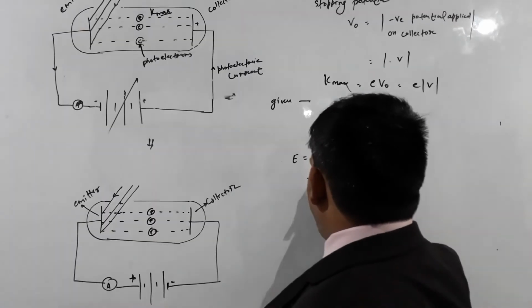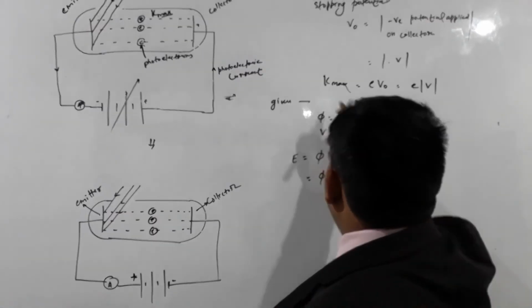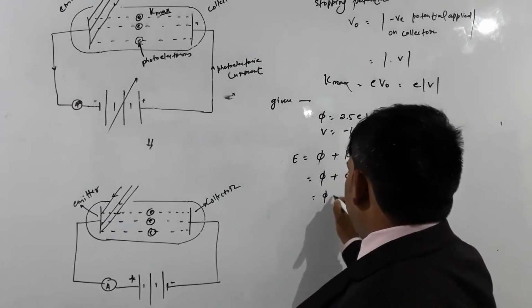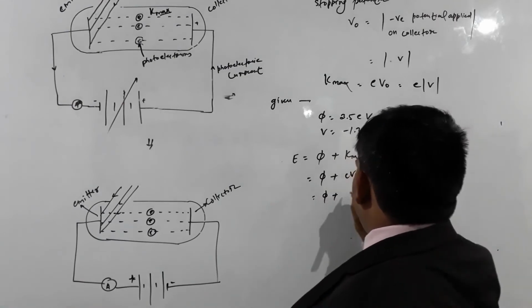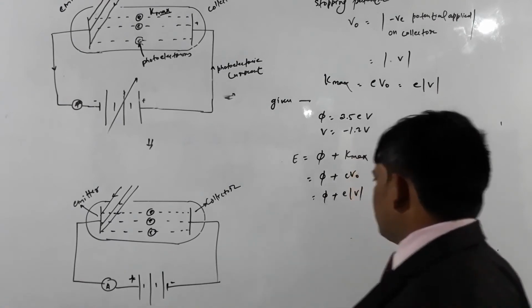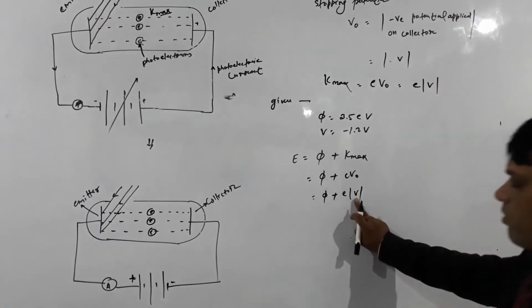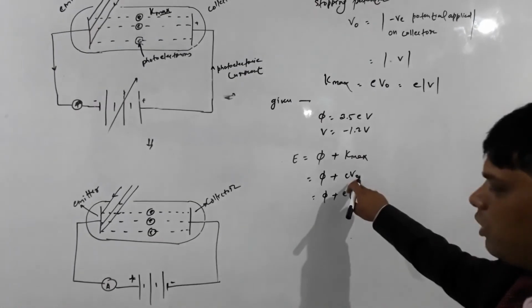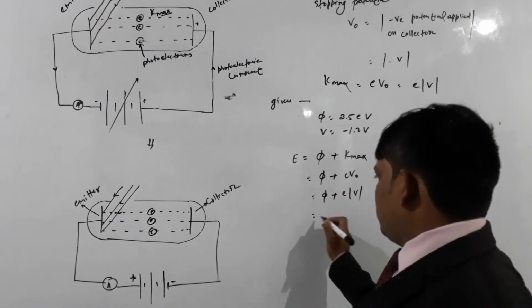This is equal to phi plus K max. According to this equation, this is equal to eV naught. Again phi plus eV naught, which equals e|V|, where V is the negative potential applied on the collector and V naught is the stopping potential here.